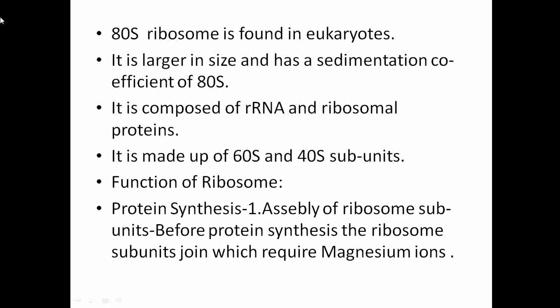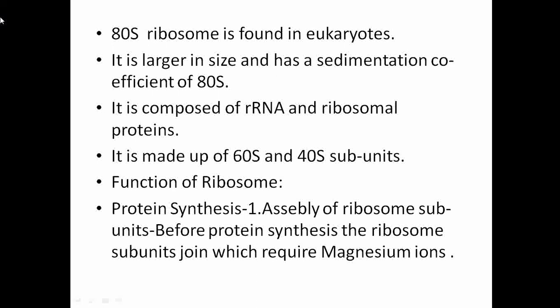The 80S ribosome is found in eukaryotes. In prokaryotes it is 70S, whereas the eukaryotic cells have 80S ribosomes. It is larger in size and has a sedimentation coefficient of 80S. It is composed of rRNA and ribosomal proteins.